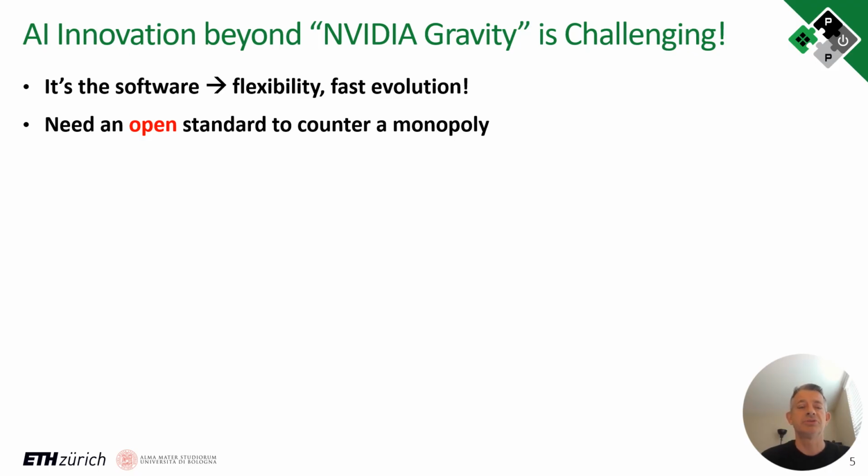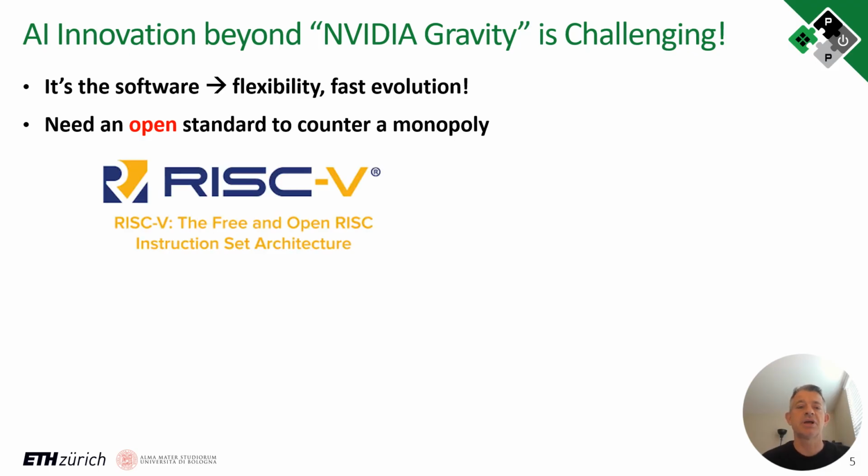But if you're not, then there is the need for an open standard to counter a monopoly. And this is where RISC-V comes into the game. In fact, RISC-V is an internationally recognized standard across the whole world. It's free, and it's also open in the sense that the instruction set can be used and extended to improve its capabilities for specific classes of computations, not least, of course, machine learning.